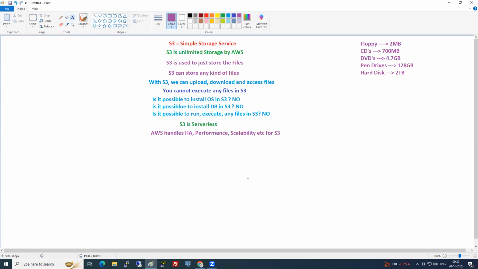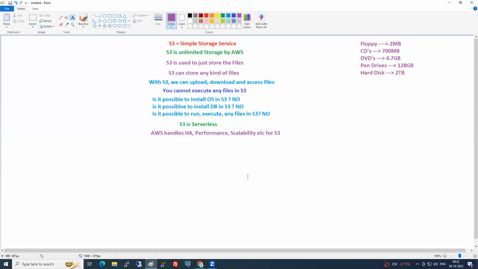But if you are in the exam hall writing the certification exam, you'll definitely get confused, because is it simple storage service, service storage, or storage simple service? 100% you will get confused, and many people will put the wrong answer. So to eradicate that, I'll give you one small hint.